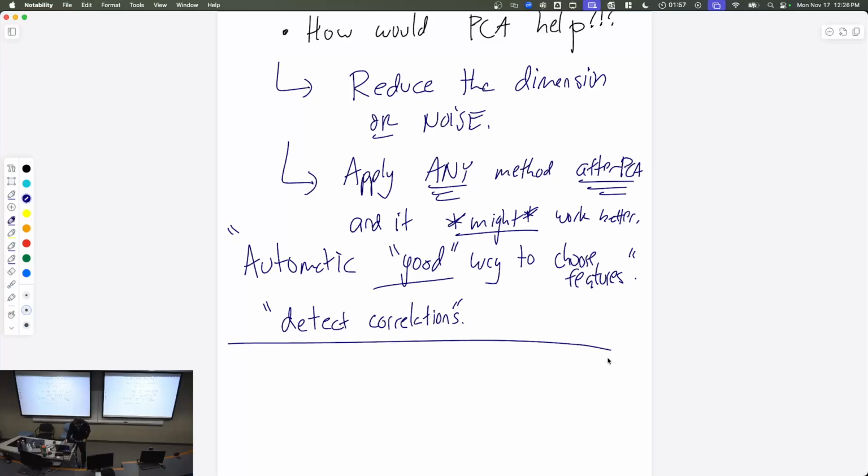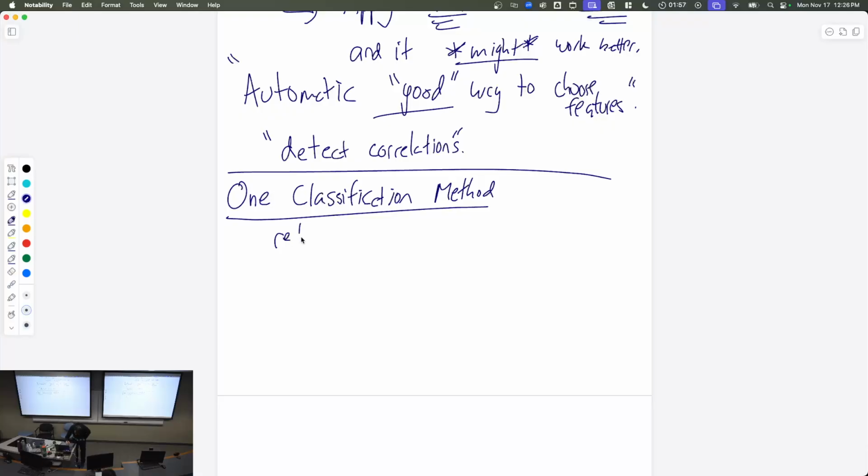There's one particular method we talked about in this course that really relies on the variables. So one classification method relies on the variables a lot, and that is trees.